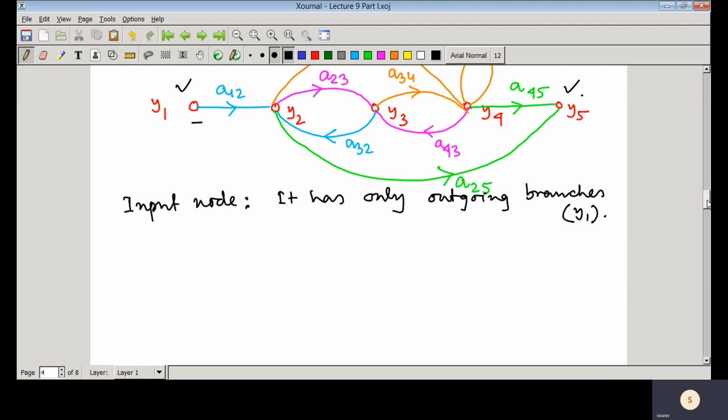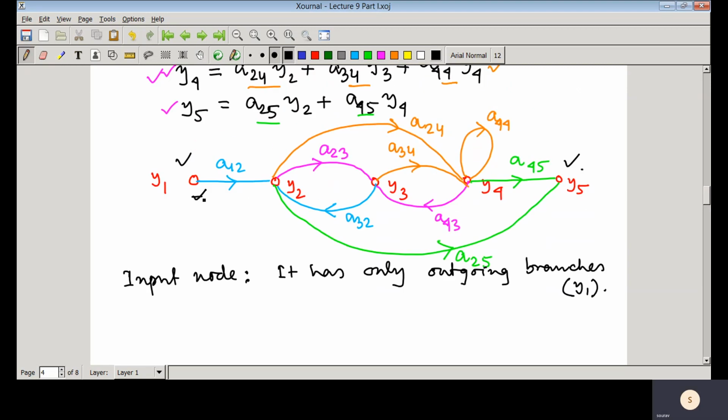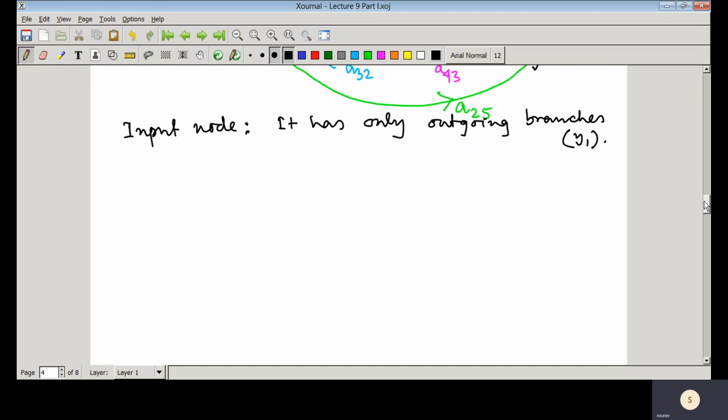Here you can see that Y1, that input node, has only one outgoing branch. And in the case of an output node, there should not be any outgoing branches, only incoming branches. You can see that this is an incoming branch, this is an incoming branch. So in case of an output node, it has only incoming branches.